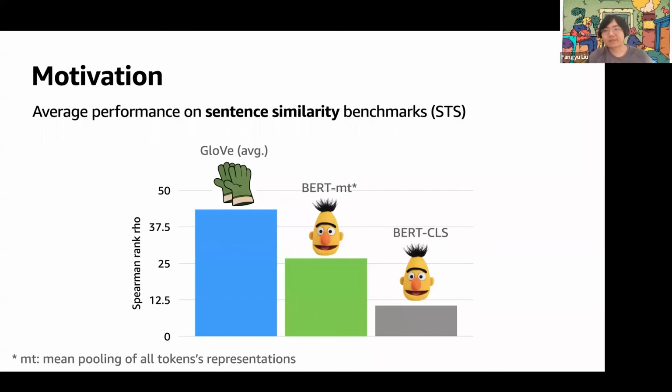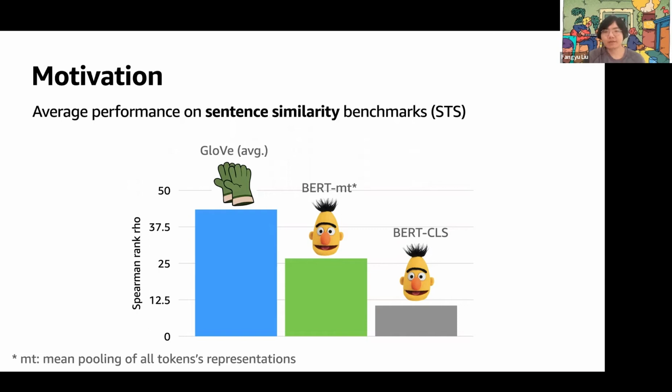The task is basically, given two sentences, your model needs to give a similarity score, and hopefully your model's prediction could correlate with human's prediction of the similarity of the 2 sentences.